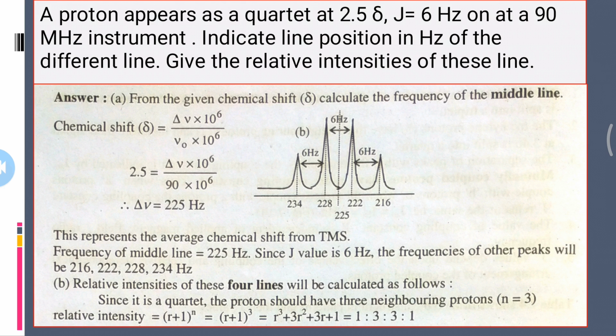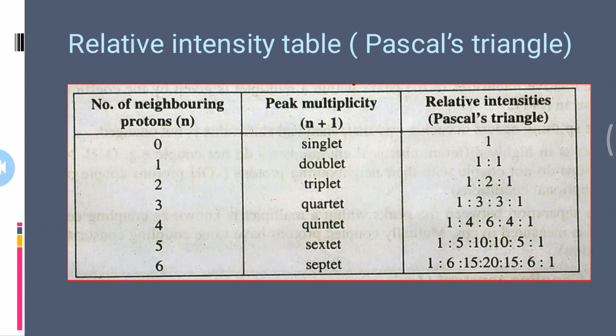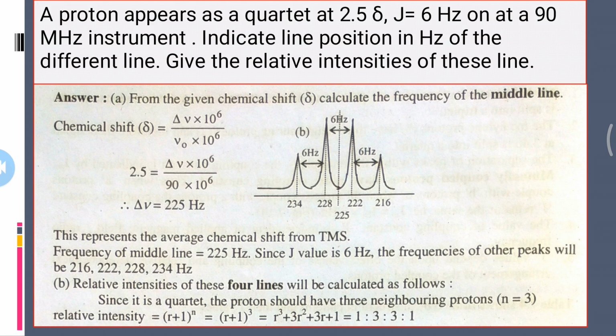Here there are 4 signals, which means the number of neighboring protons is 3 and the peak multiplicity is a quartet, and the relative intensity is 1:3:3:1. This is the relative intensity.